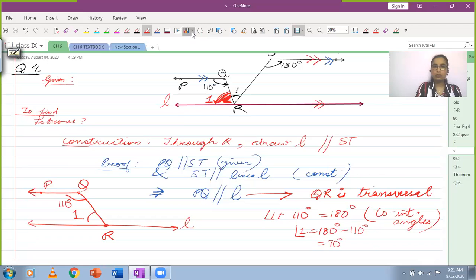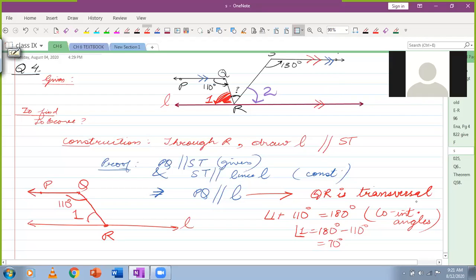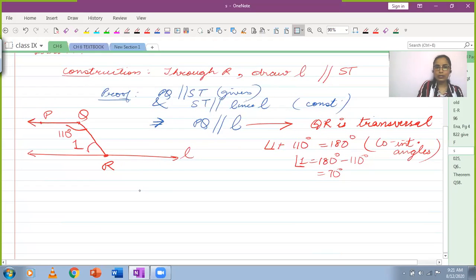And after this, I want you to focus on this part. Angle 2 and 130 on this part of the figure, on the right side. 50 degree. That's right. Again, we are going to use the property of co-interior angle. So you have, I'll just draw roughly how the figure will look like, if you ignore the left side. So this is line L and this is how it's connected, and I'm going to find out angle 2.